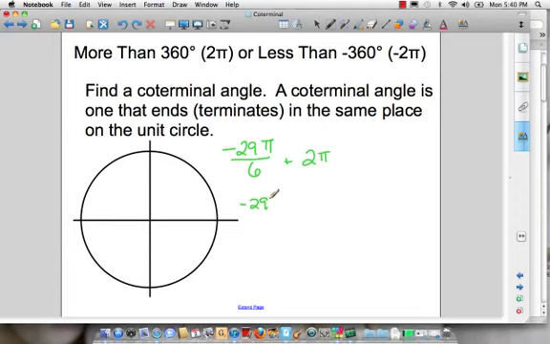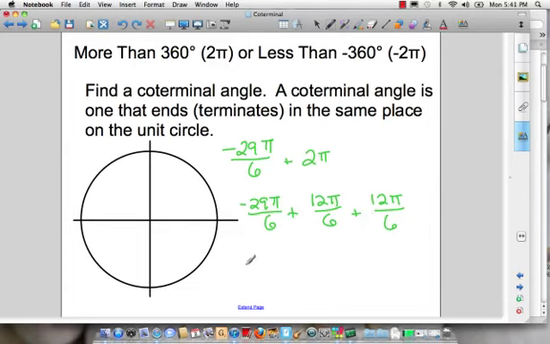Notice that in order to do this addition, you're going to need to think of 2 pi as 12 pi over 6. And I can already see that that isn't going to be enough. It's still going to be something that I don't know, so I'm going to add another 12 pi over 6.